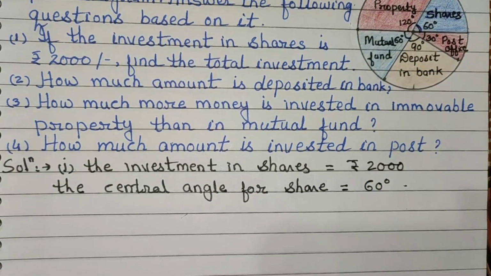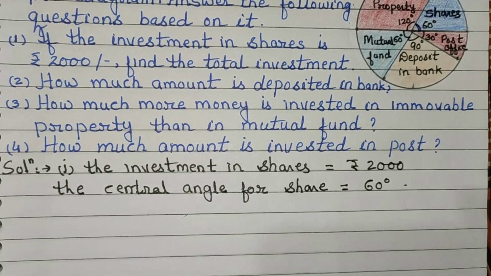Now we know the formula. The central angle for the investment in share is equal to the investment in share upon total investment multiplied by 360.